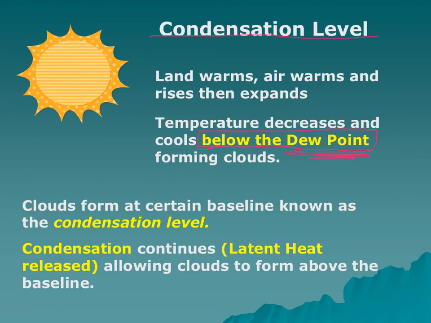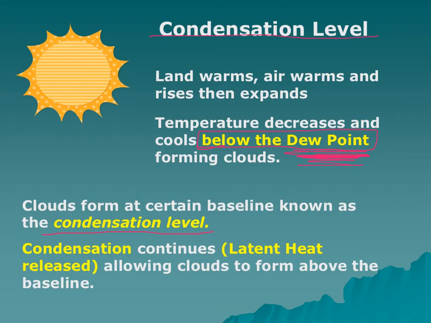If you have DP in your notes, that means dew point. So the air warms, rises, expands, temperature decreases, and if it cools below the dew point, we get condensation, and that spot where it cools beyond the dew point is called the condensation level.